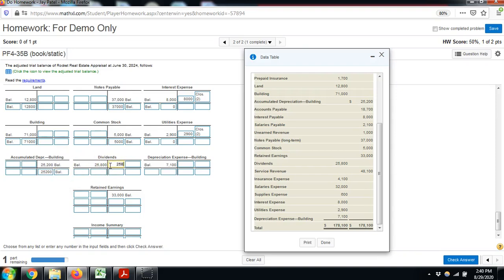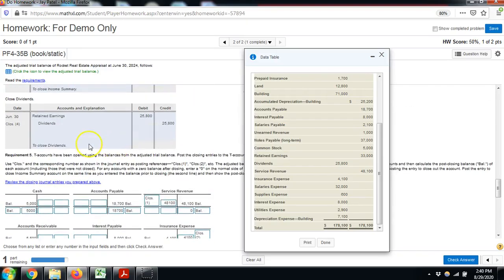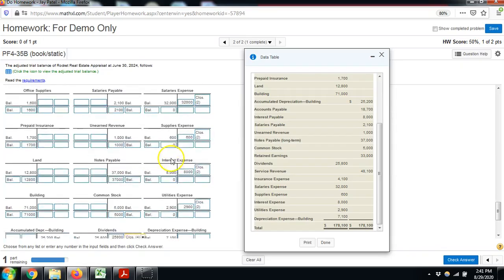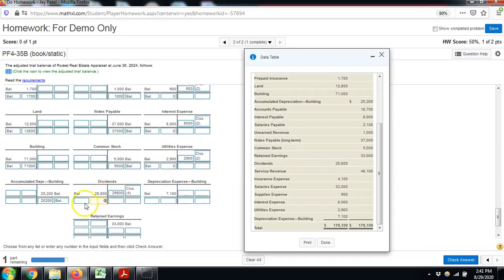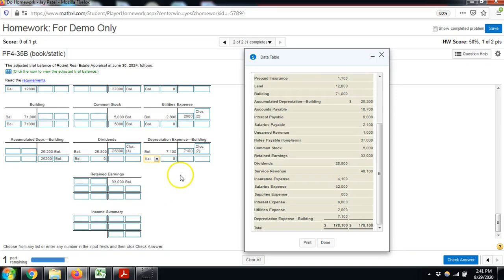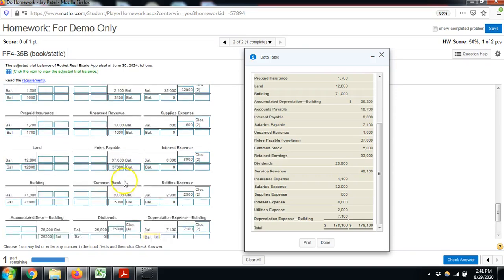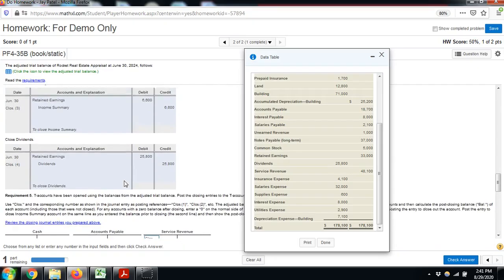Dividends was closed out also, and I believe it was the fourth. Yes, it was this closing entry 4. Okay, so retained earnings, it was involved with a couple of these.